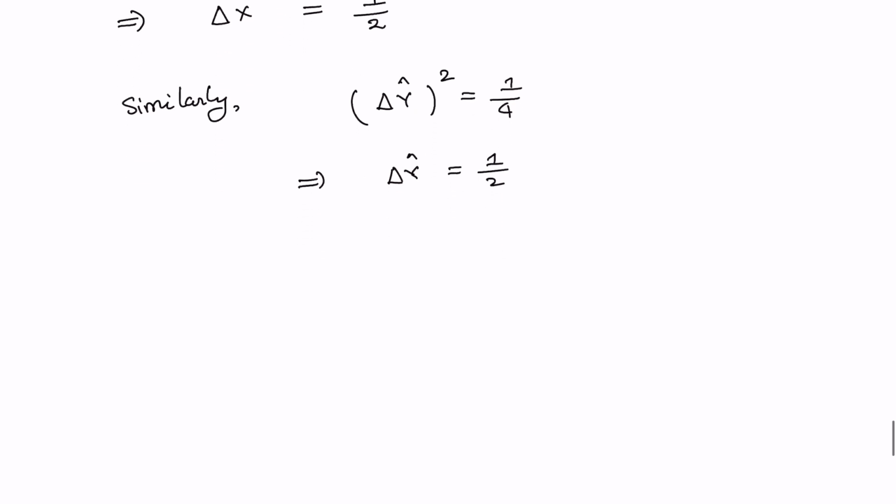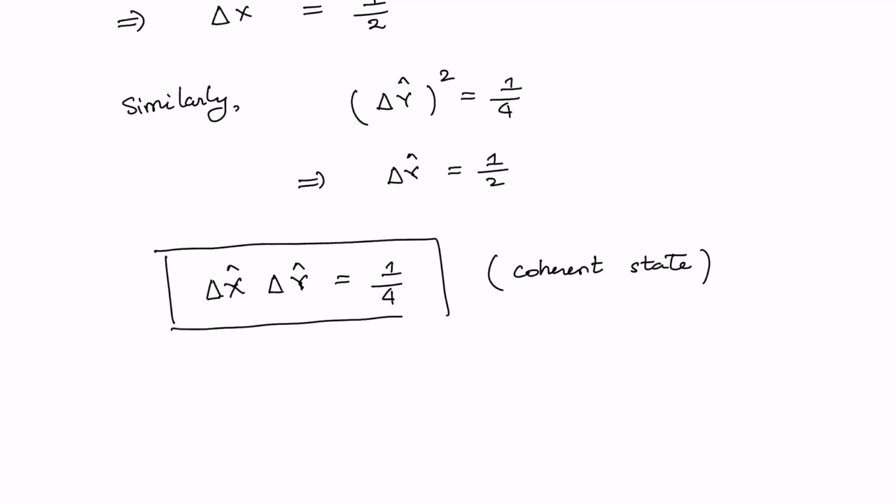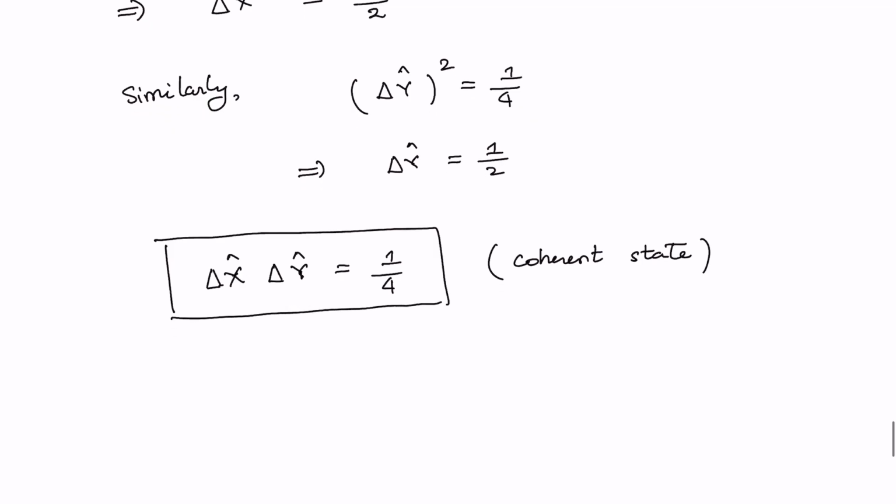And this gives you a very useful result: the product of the uncertainty in the quadrature x and quadrature y is going to be 1/4, and this result is valid in the context of the coherent state. For a coherent state, the product of the standard deviations in the quadratures x and y is equal to 1/4. This is going to be very useful later on.